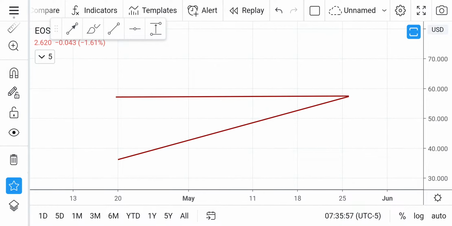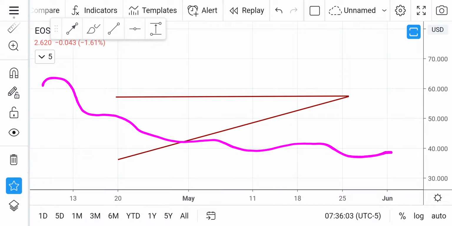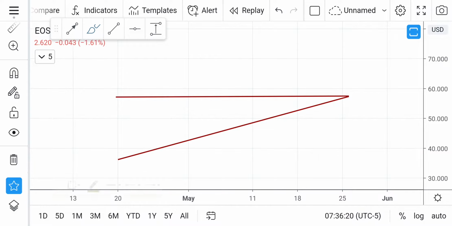So what is happening? Let's say you have your 200 moving average as this line, and price is above it. You know it's an uptrend. So what happens in an ascending triangle is that price is going to be going through like this.